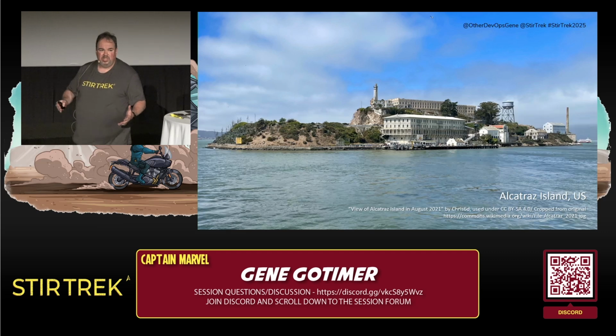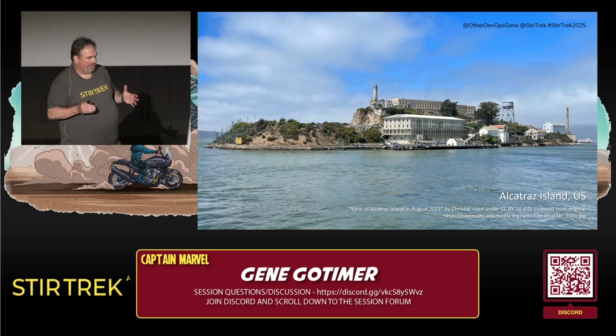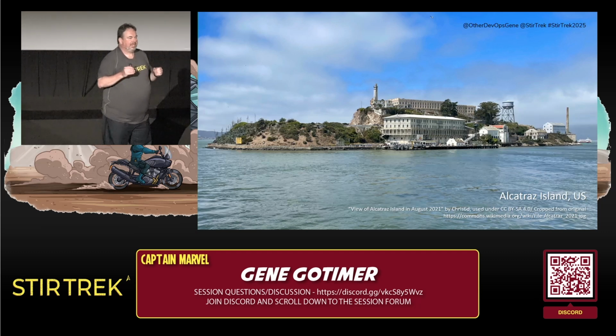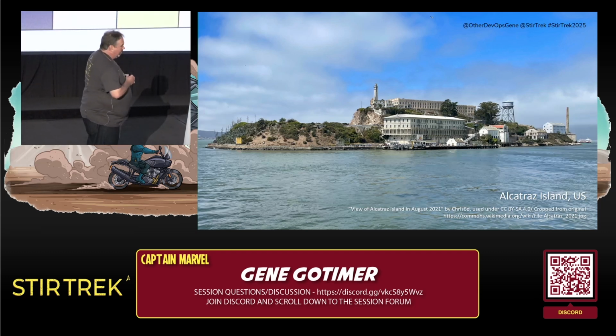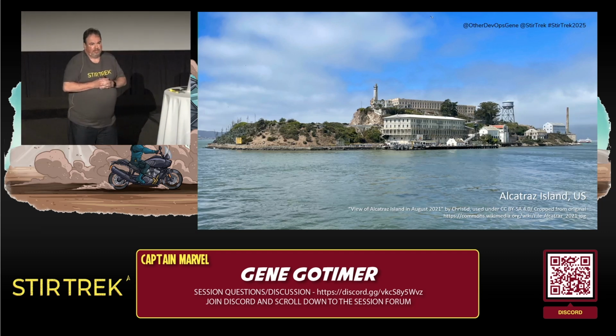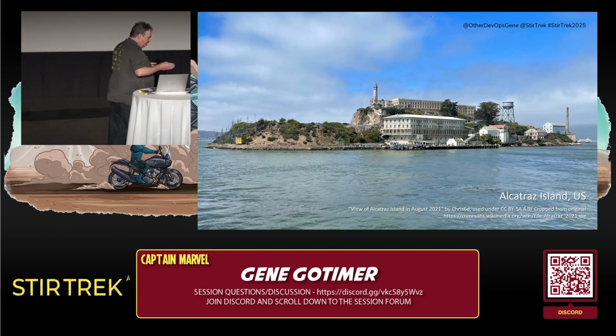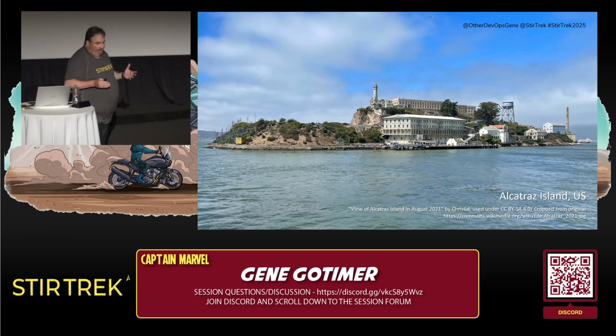Let's do some brainstorming here since, again, I got to tap dance until it comes back on. What types of things would you look at protecting, especially for those of you that have been to Alcatraz? What types of things would you look at protecting at Alcatraz? Keep people in. The dock. Turns out that Alcatraz Island has steep walls everywhere, lots of rocks up and down, as someone mentioned.